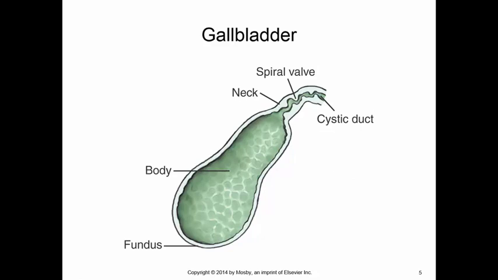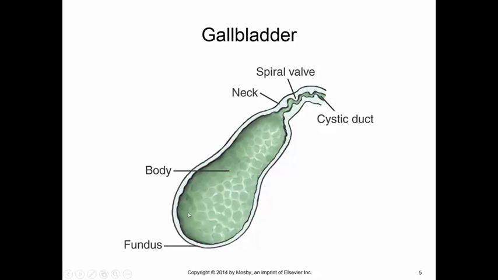Now let's talk about the gallbladder for a second. It looks a lot like a pear, don't you think? It's kind of a pear-shaped structure, and it's made up of 3 different parts. So you have the fundus, which is most distal, you have the body in the middle, and then you have the neck, which is the most proximal aspect of the gallbladder.